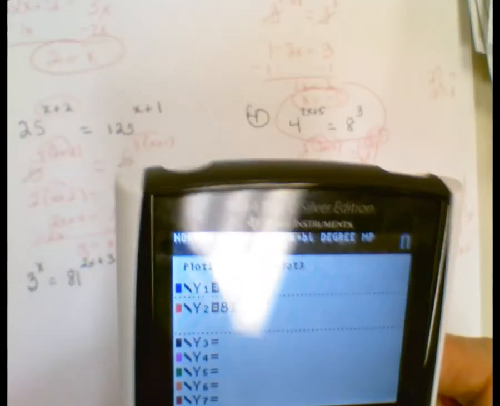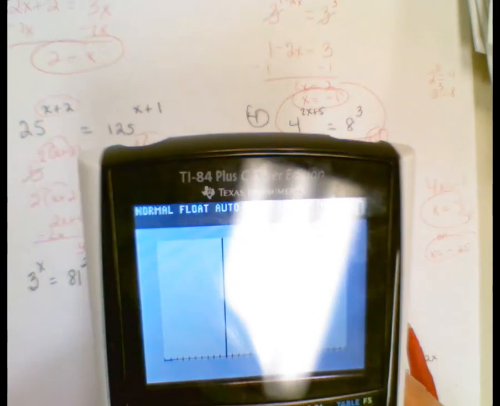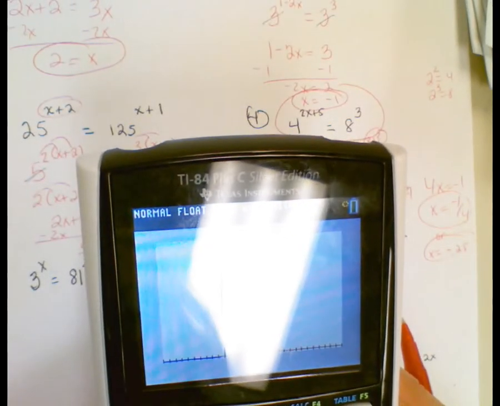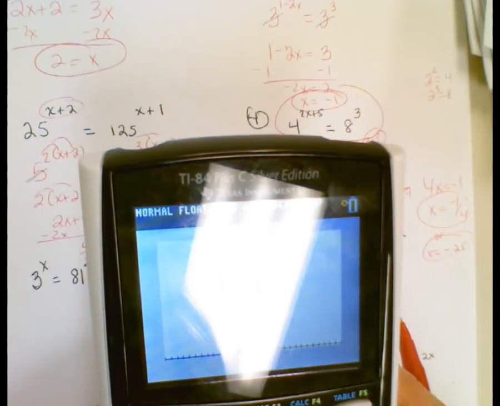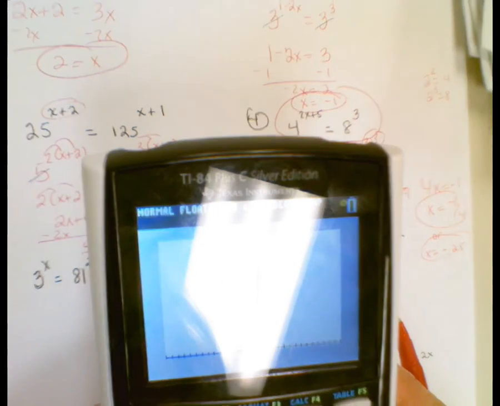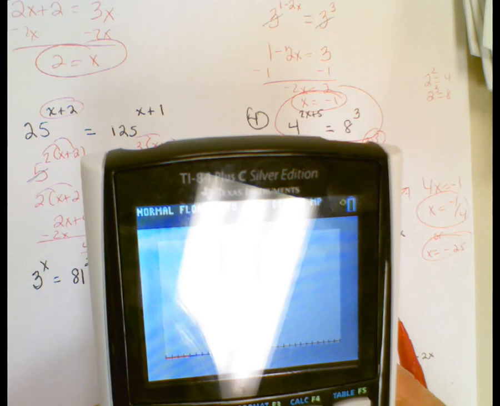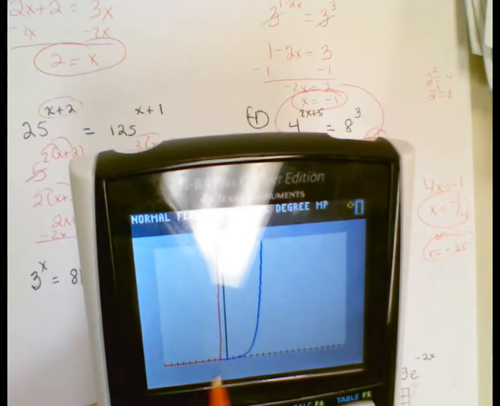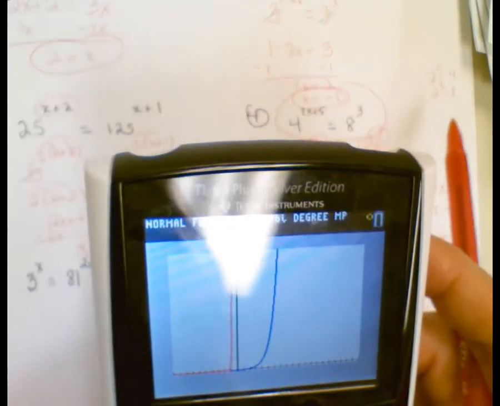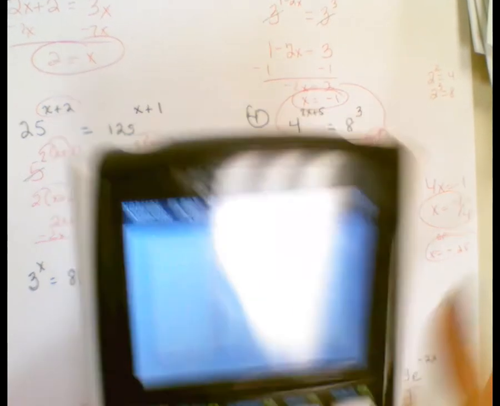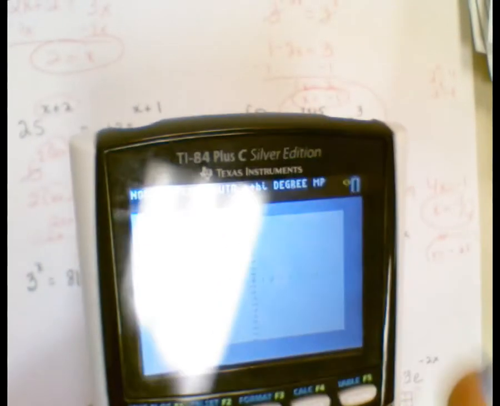Let's graph. Let's see if I'm still on that same graph from the last one, so it's a crazy graph. See this down here? I don't like this. So I'm going to go back to a Zoom 6 screen.